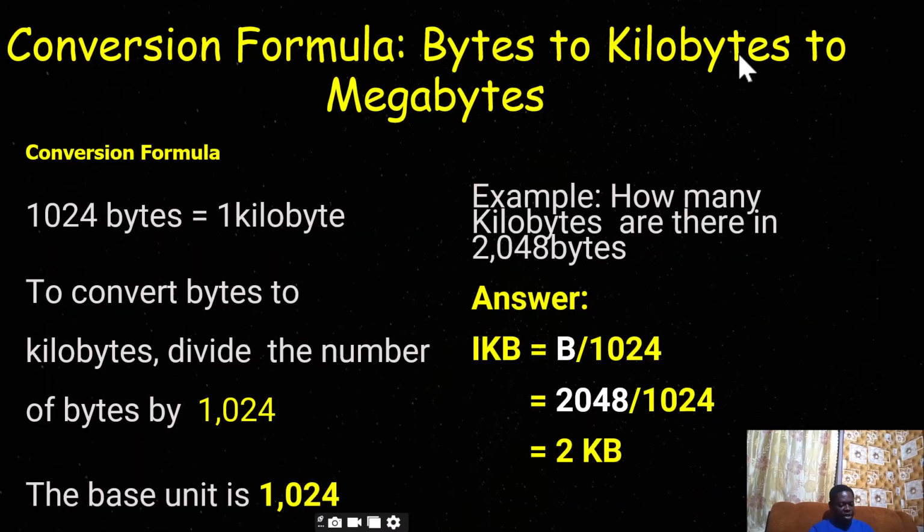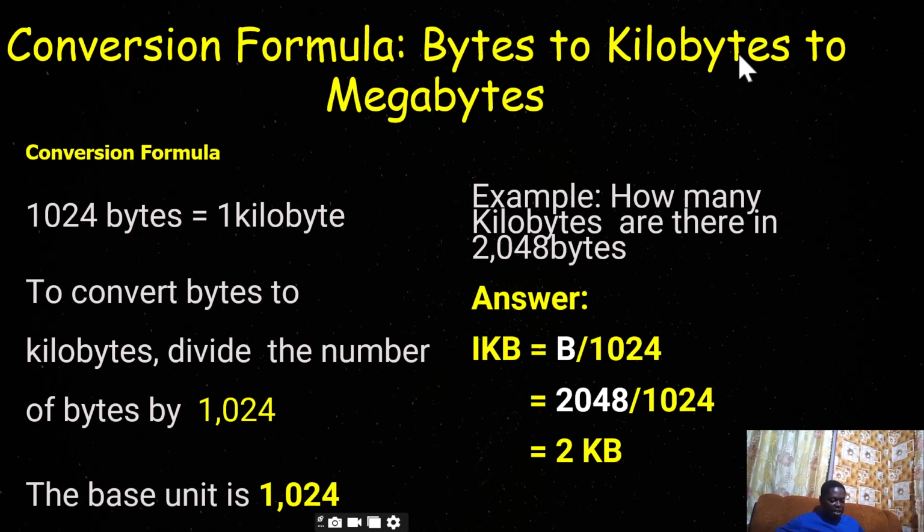The problem here is how many kilobytes are there in 2048 bytes. How do you go about this? We know the conversion rate is that 1 kilobyte is equal to 1024 bytes. So you just divide the byte value by 1024 as shown in the first step.